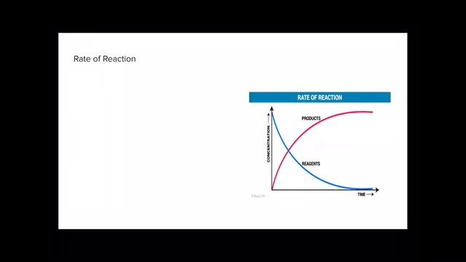To determine the reaction rate, you calculate the final quantity minus the initial quantity over the final time minus the initial time. The change in concentration of reactants or products over time is often graphed.